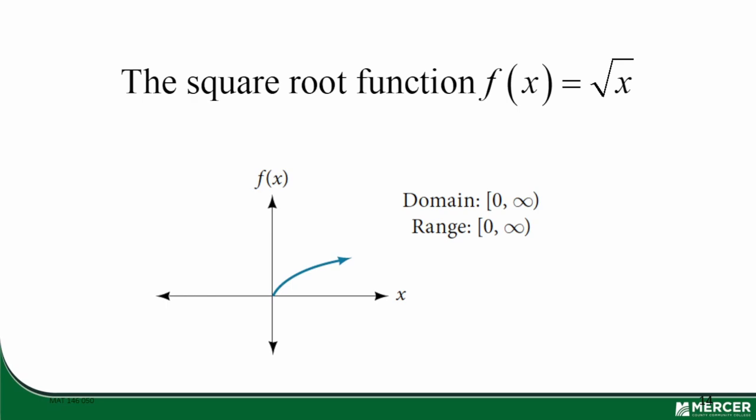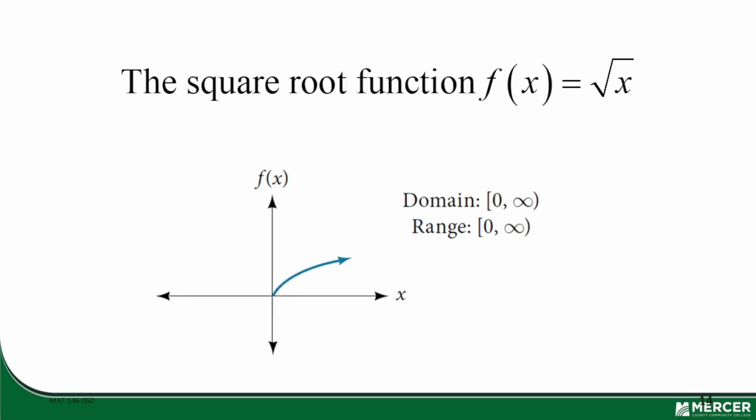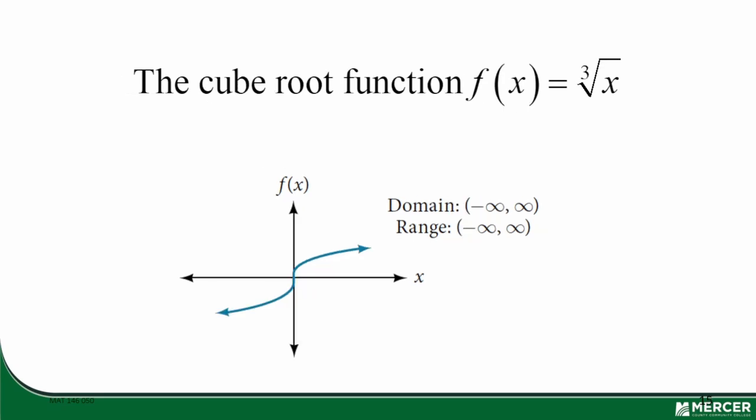Is this the last one? I think the one coming up is the last one. Yes. And the cube root function. Domain and range, all real numbers. Notice square root, if I go back, has no symmetry. Cube root does.